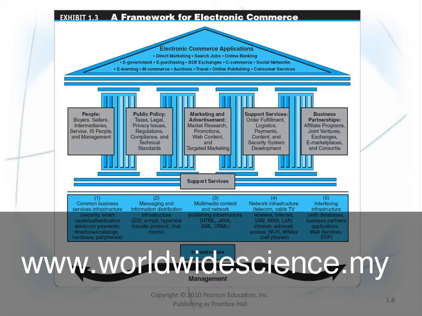As you can see here, in the bottom, we have management and our system. There is some infrastructure. When you need to establish your e-commerce business, you need to have some infrastructure. There are 5 steps here.